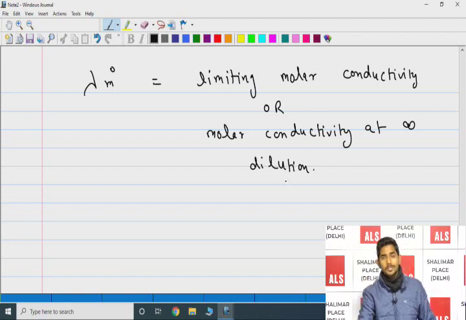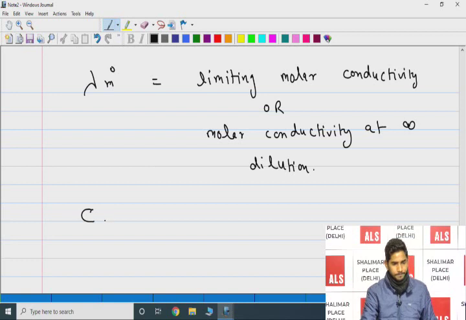The question is how we have got this limiting molar conductivity. Guys, look at this once. If we say concentration, volume tends to infinite, which means we have a very huge volume.